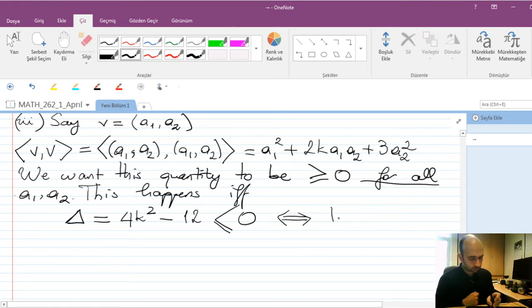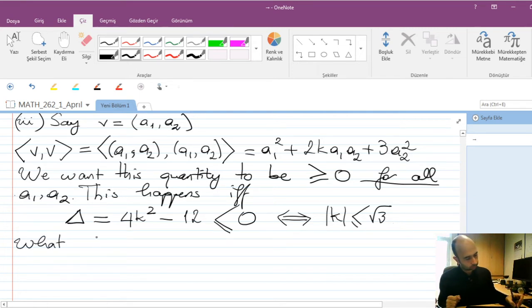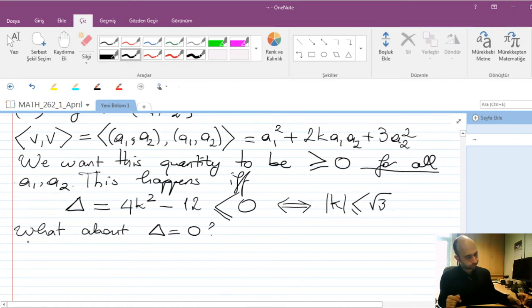But first of all, this condition says k squared is less than or equal to 3, so the absolute value of k is less than or equal to square root 3. Now, what about delta equals 0? There's a problem here which I want to explicitly show you. If delta is equal to 0, then absolute k is equal to square root 3.